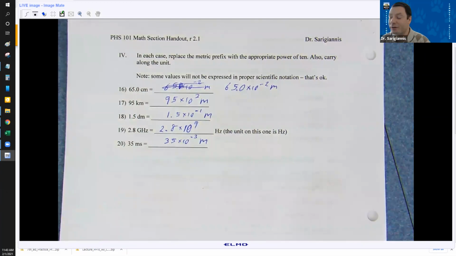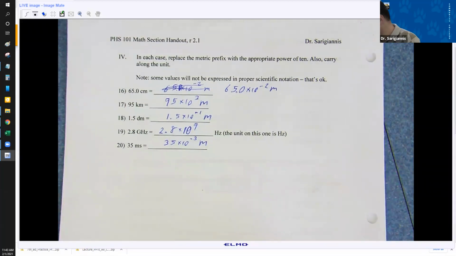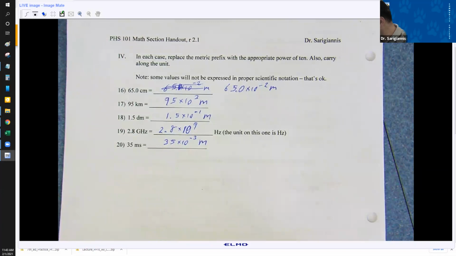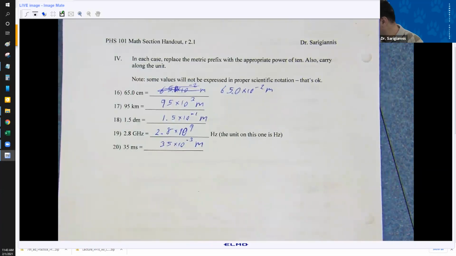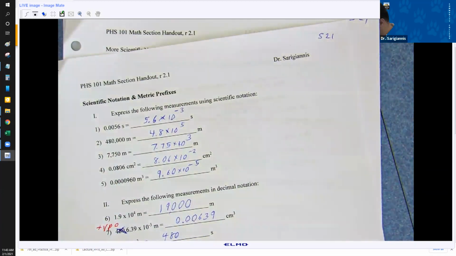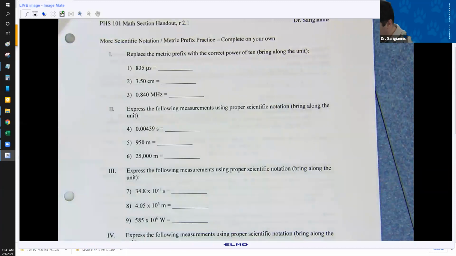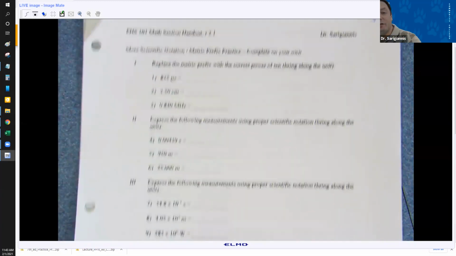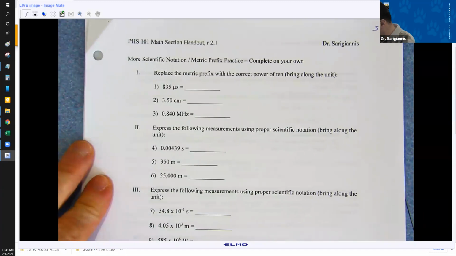So fairly straightforward, going back and forth. Any questions about any of that? All right, I do want to point out page 19. Page 19 here is sort of self-practice. All the answers are in the box below.